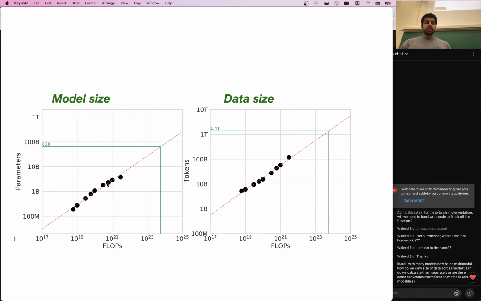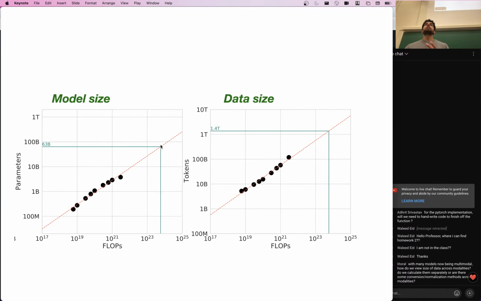But obviously, in order for people to believe this, they need to show it at some much larger compute budget. So they pick this compute budget here, this number of flops, like 10 to the 24th, as where they're going to experiment. All of their experiments on this plot were done at much smaller compute budgets.